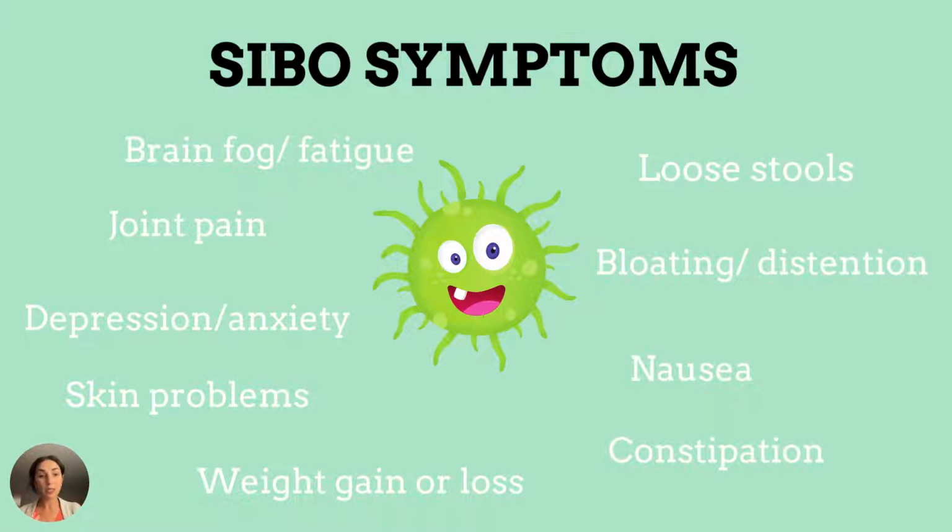And we also have weight gain or weight loss, joint pain, brain fog, fatigue. So as you can see, there's an array of symptoms. So sometimes it can be hard to pinpoint. But that's why, again, at doctor's appointments, it can be a little difficult to get a straight answer because some of the symptoms are kind of all over the place.